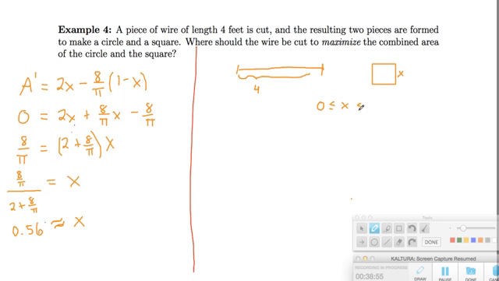Now, the absolute most that x can be, remember, we only have 4 feet of wire. So if you add 1s all around for x, that's the absolute biggest x could be. That would be if all the wire was used for the square and none for the circle. So you really only need to check the area function at 3 values: at 0, at our critical value of 0.56, and at our endpoint of 1.